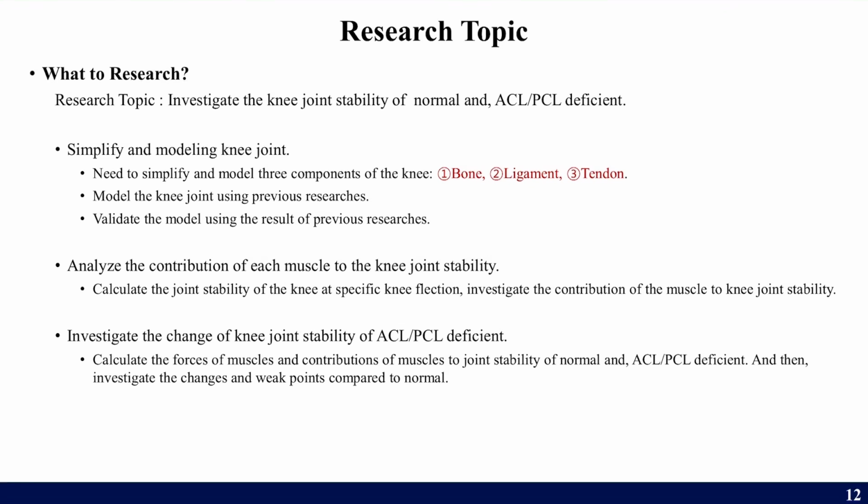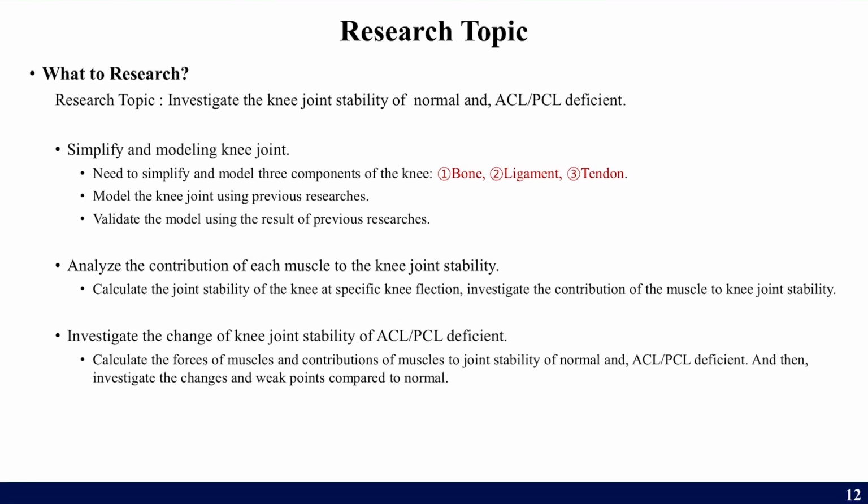The second is to analyze the contribution of the muscle to the knee joint stability. So I simulate the normal case and investigate how each muscle contributes to the joint stability.